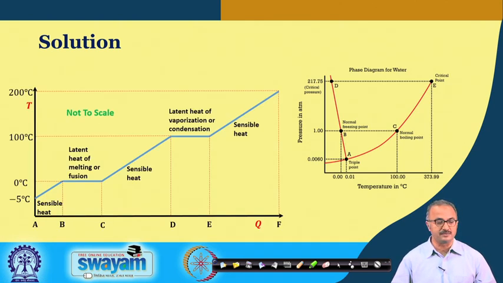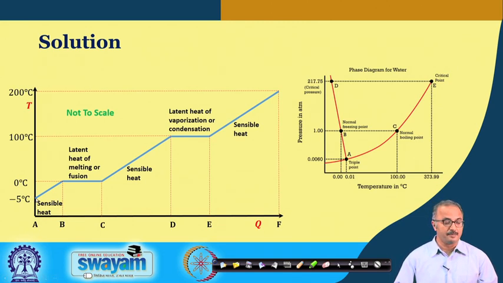So in this case we see that if we plot the temperature versus our heat energy requirement, when we start heating up the ice, it undergoes various changes in its phase, and during each of these changes of the states, we find that we need different types of heat energies.